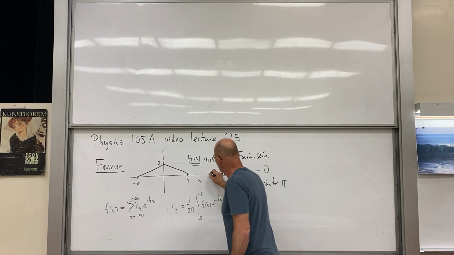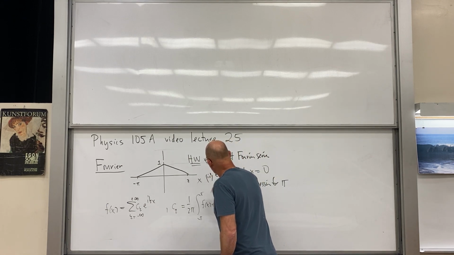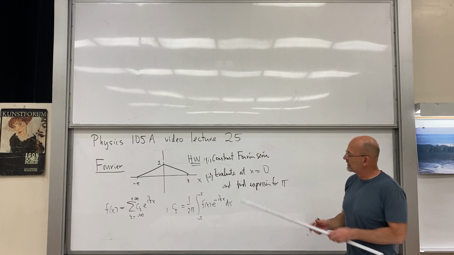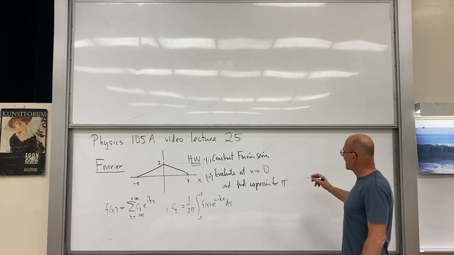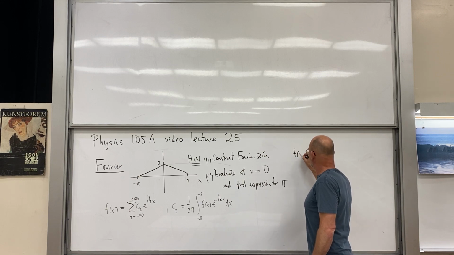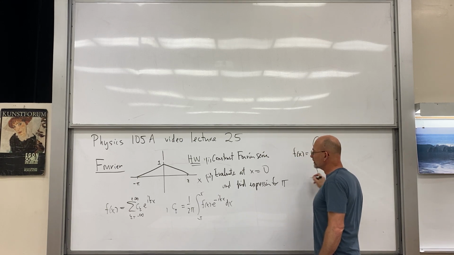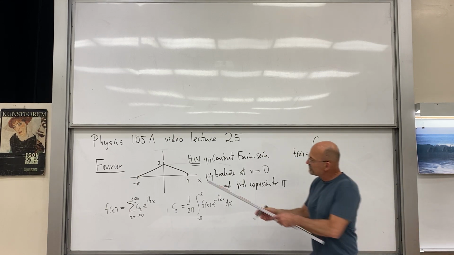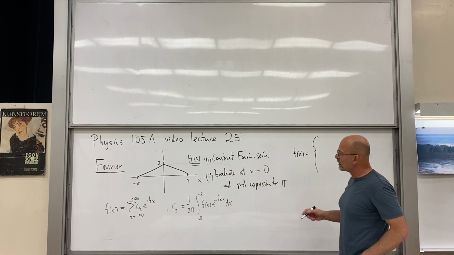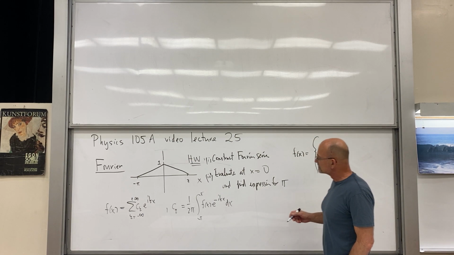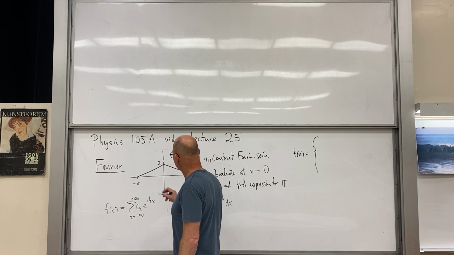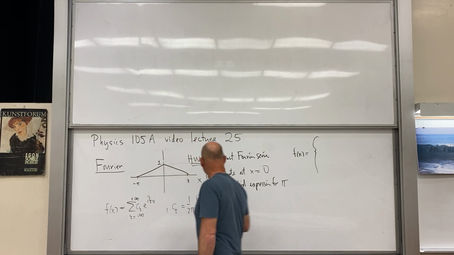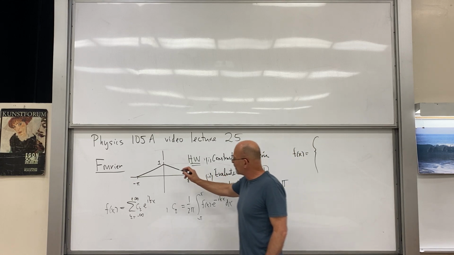We have these two tasks here, and we need to get a hold of that function. So what do we have here? F of x is equal to, so for the left half of it, we could use the point slope idea. And for the right half, we can also use the point slope idea.